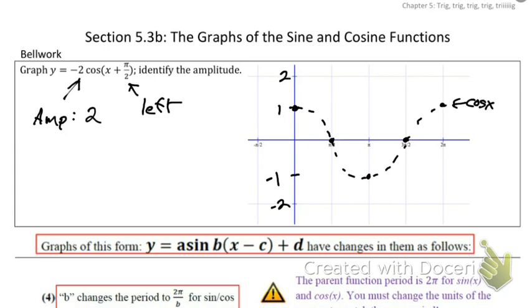I'm going to actually do all 3 of these. So first of all, this is going to be the next step. So that's with the reflection and the amplitude. I just didn't shift it left yet. Now I just have to shift it left.